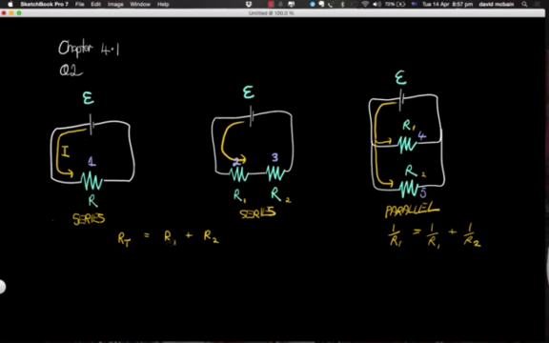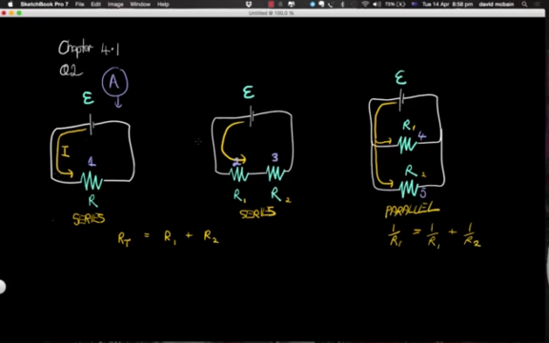Now, the next thing we need to be clear on is how the current behaves in each of these circuits. In a series circuit, because all the current is flowing in one single loop, in both of these first two circuits, there are no branches in the circuit. So clearly, in circuit A, all the current coming out of the battery must flow through resistor 1.